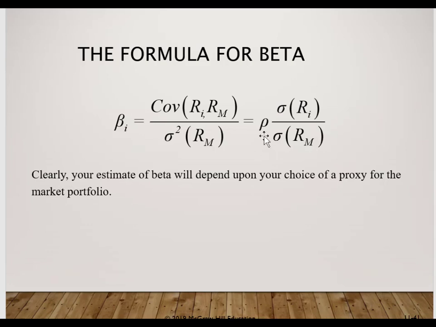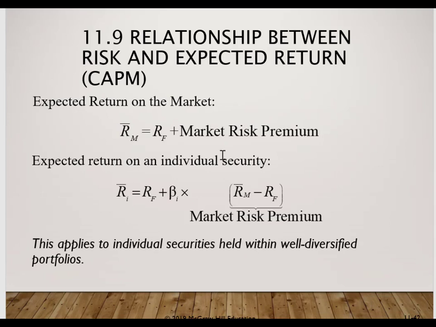If you take the correlation multiplied by the standard deviation of the stock and divide that by the standard deviation of the market, we end up with the beta. These are just algebraically equivalent formulas, but it isn't all that difficult in the end to calculate the beta of a stock. So now how can we ultimately use this?